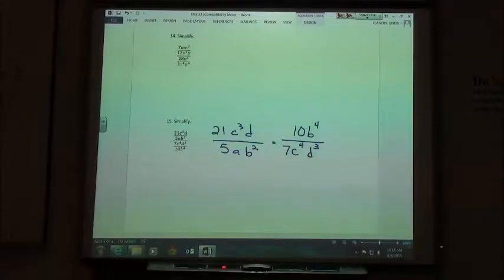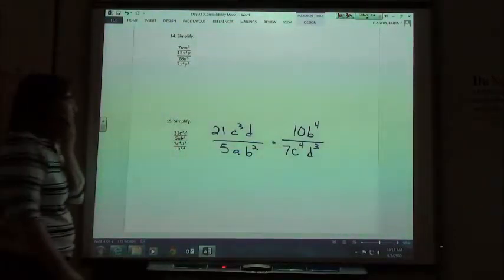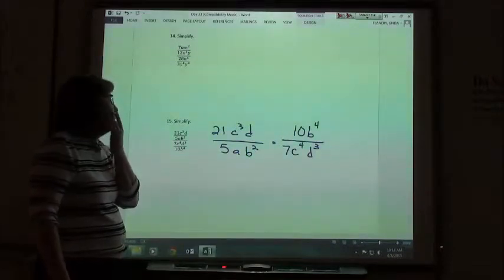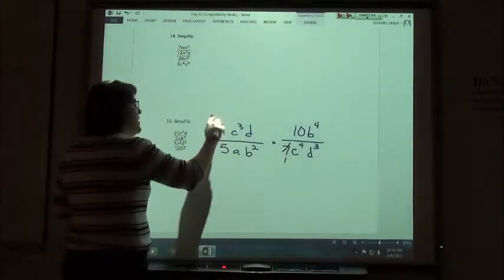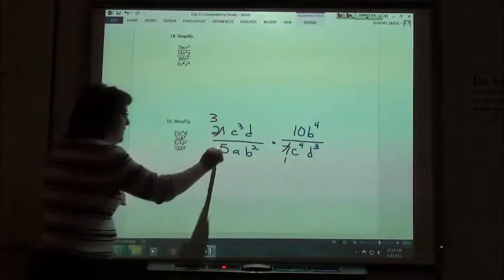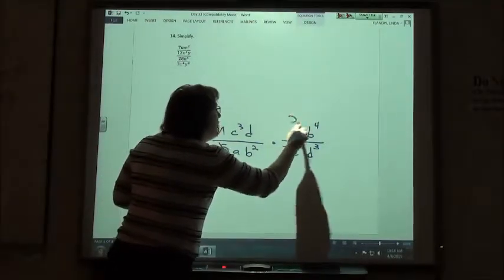So, multiplying our fractions, we can do what? 7 goes into 21 3 times. 7 goes in there once and into there 3 times. 5 goes in there once and into there 2 times.